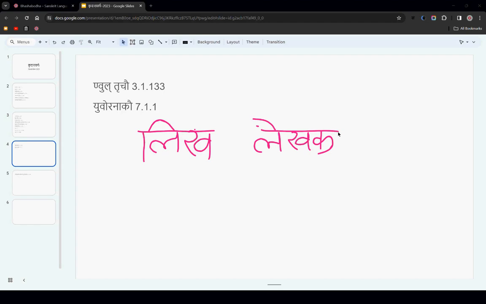In lekhaka we have li, where the upadha changes to le, e changing to a. Then we have seva, sevaka.